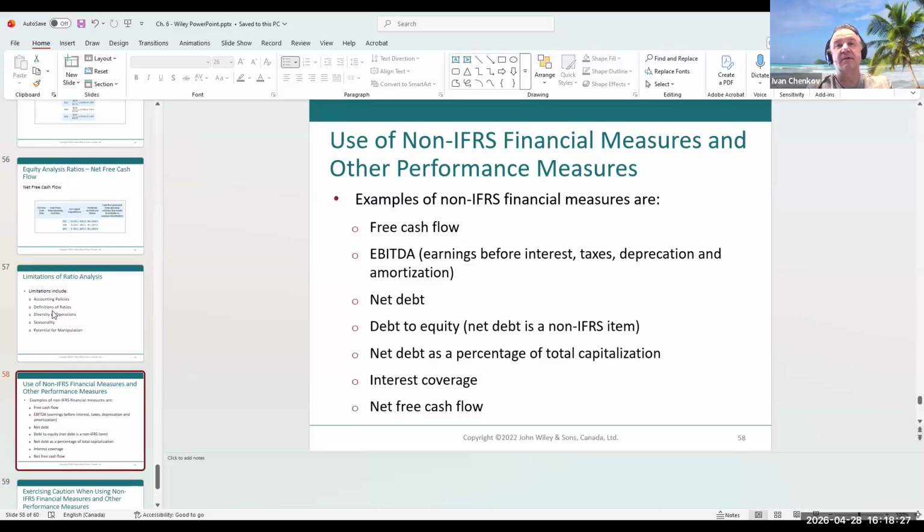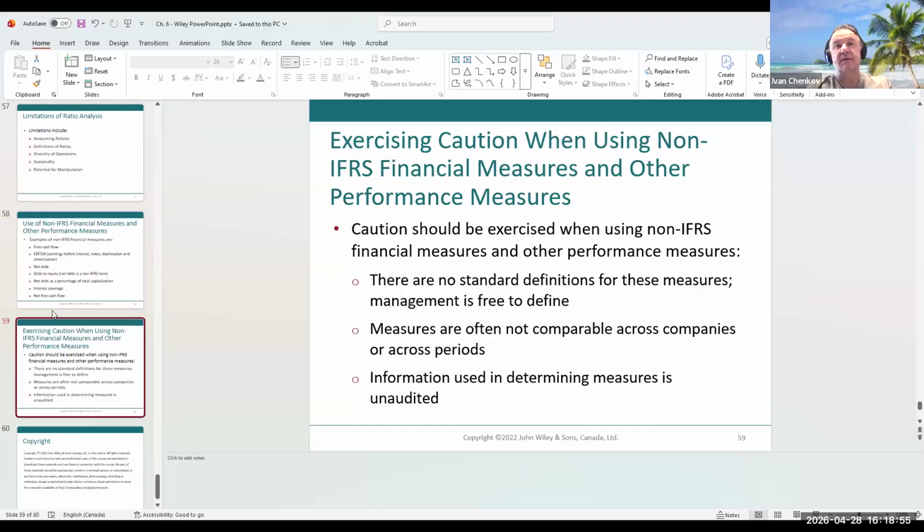How much is the total debt? Debt to equity ratio. Net debt as a percentage of the interest coverage. And net free cash. Those are the measures that I want you to look at if you have to evaluate a company which doesn't use International Financial Reporting Standards, meaning a company which is not a public company, or a private corporation in Canada, if you have to do this in Canada.